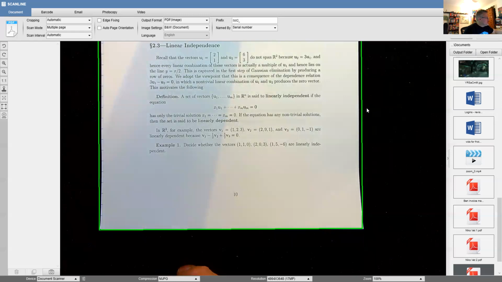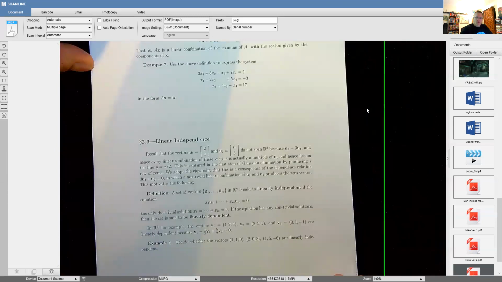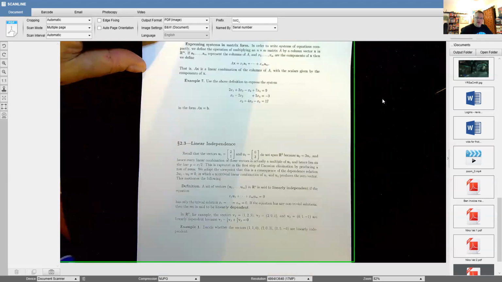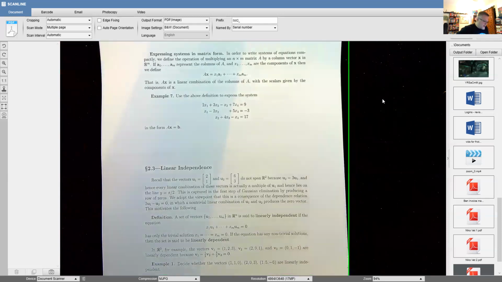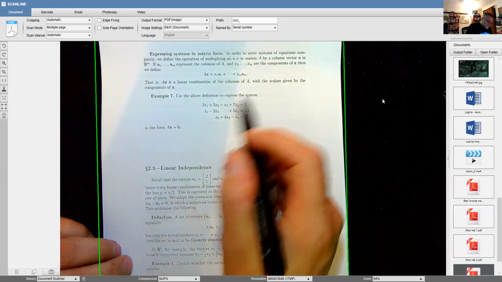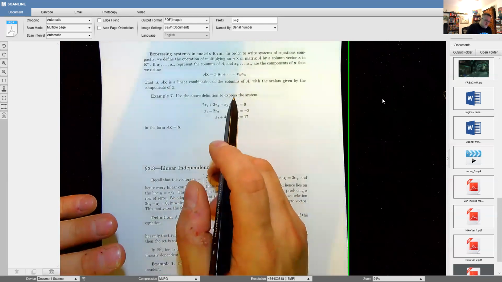And then finally, I want to be able to look generally at this. I want to write general matrix equations in matrix form, right? And so here we've been writing them in system form and we've been writing them in vector form.